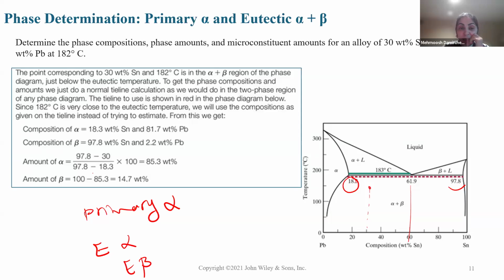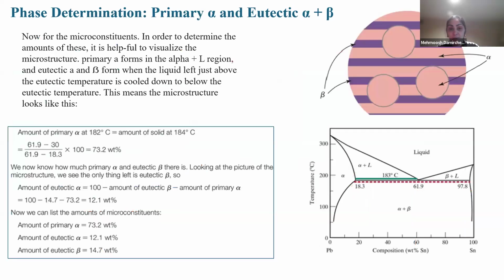Why? Because this alpha is primary alpha plus eutectic alpha. Both of them together are 85.3. If I want to find how much is primary alpha and how much is eutectic alpha, we should analyze, as you see in the next slide, between the alpha region and the eutectic microstructure.